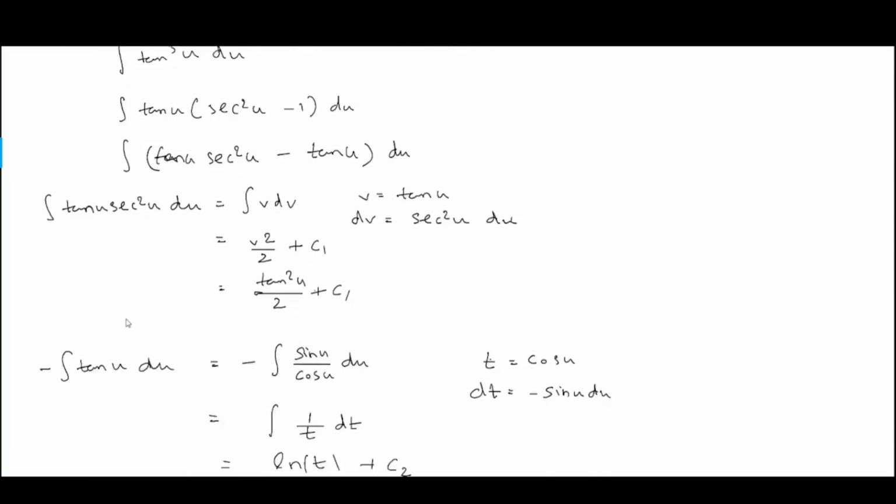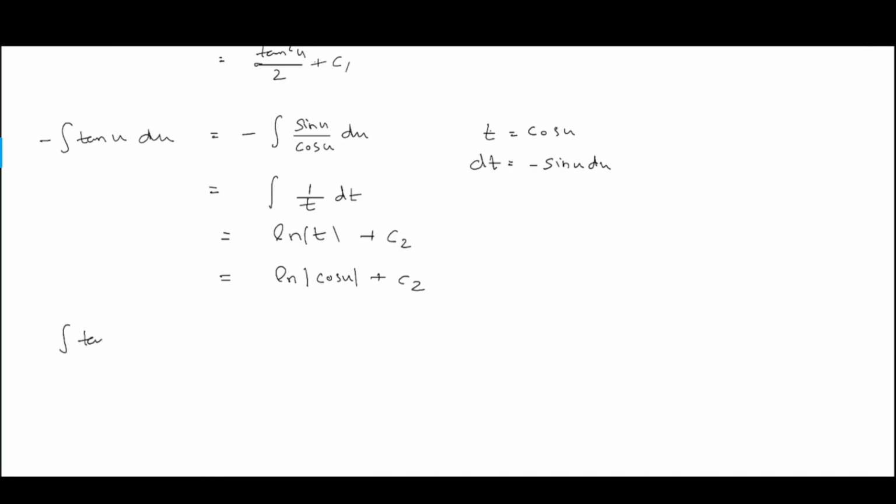Now we have to add these two parts. The integration of tan u times secant squared u minus 1 du is equal to tan square u by 2 plus ln mod cos u plus some constant c3, right? Now our substitution u was ln x.